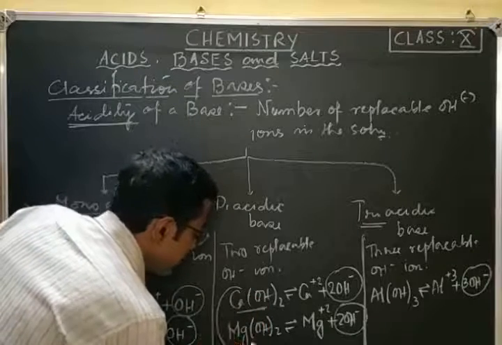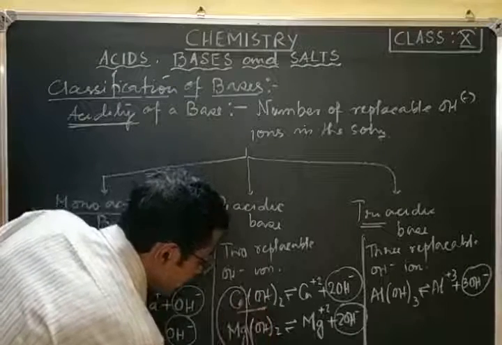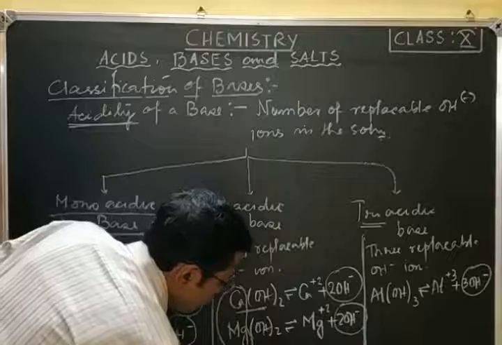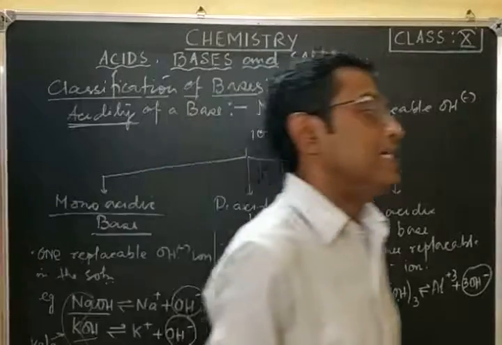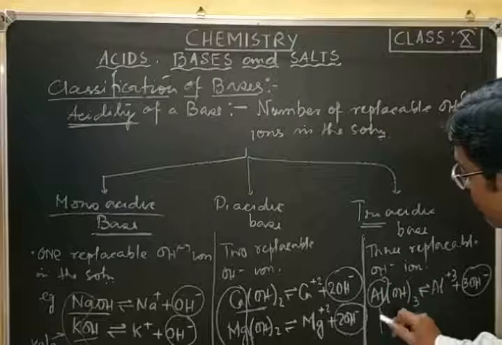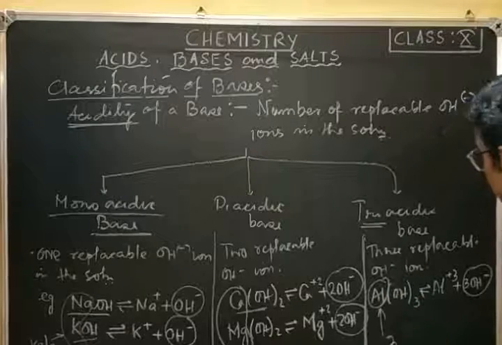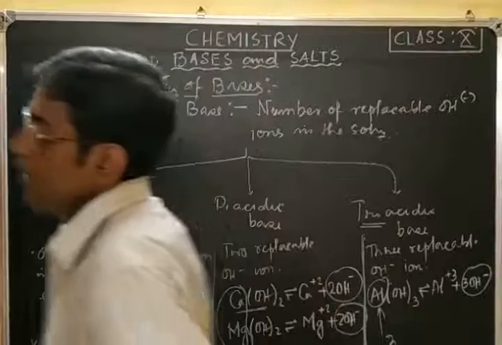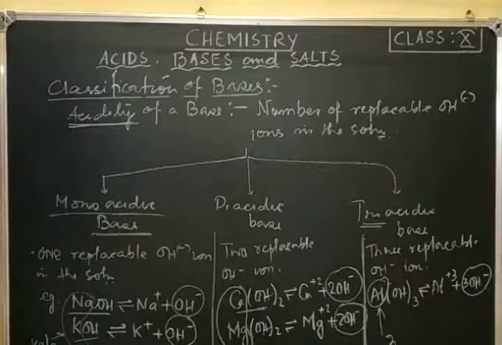You can treat magnesium and calcium as having a valency of 2, so they are treated as diacidic, and aluminium has a valency of 3, so it can produce a triacidic base. So these are the classification of bases with respect to their acidity.